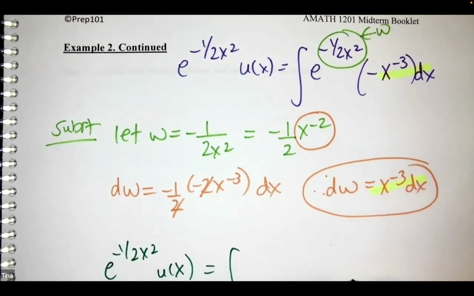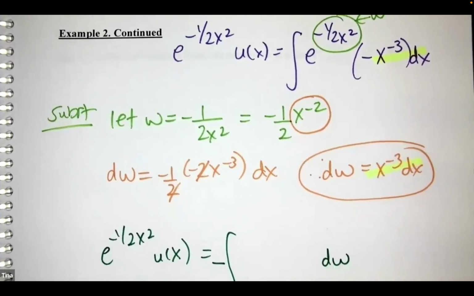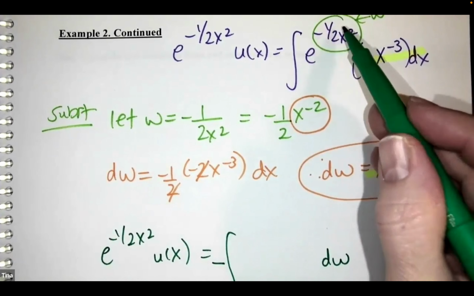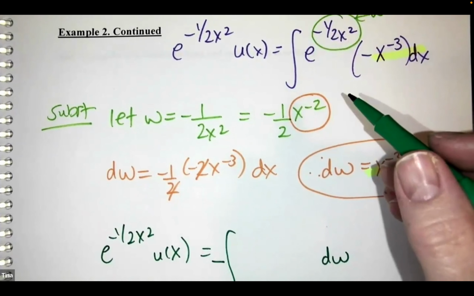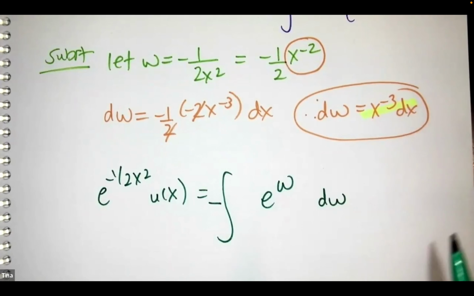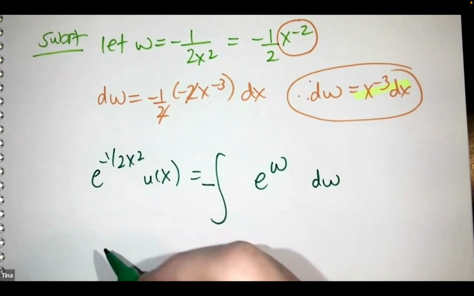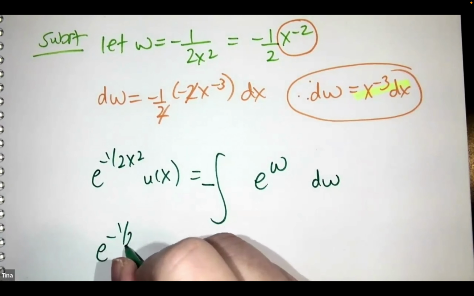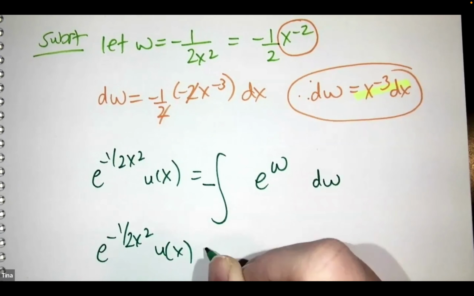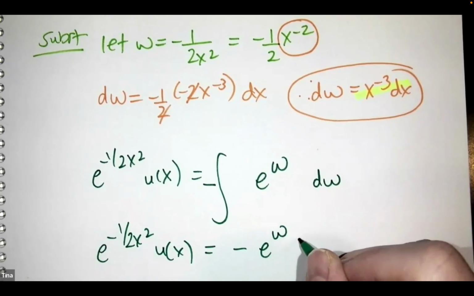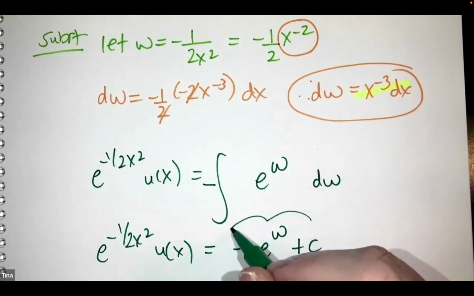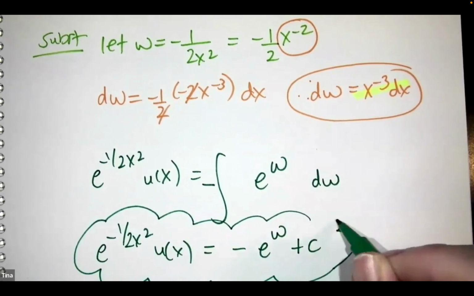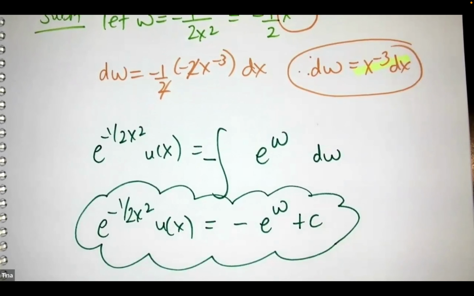So that's a negative, I can put that out in front, and a dw. And if that's my w, then I'm really just going to integrate e to the w dw, with a negative. Well, my integral of e to the w is obviously just e to the w, right? So plus c. So that's what I've got.